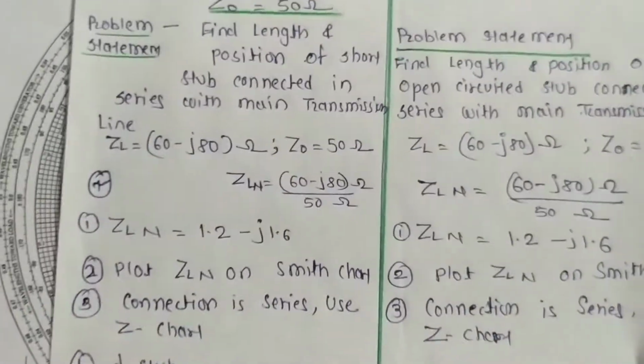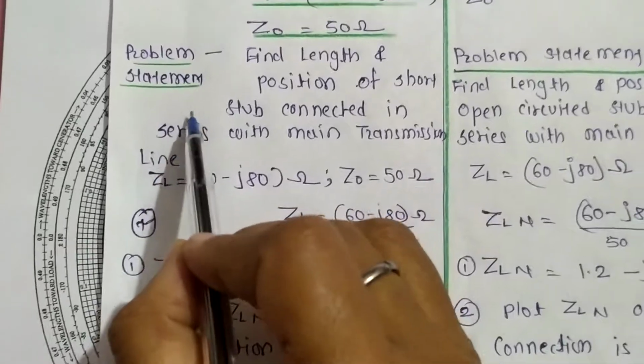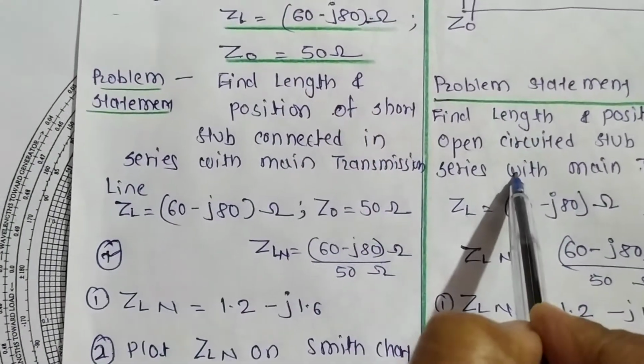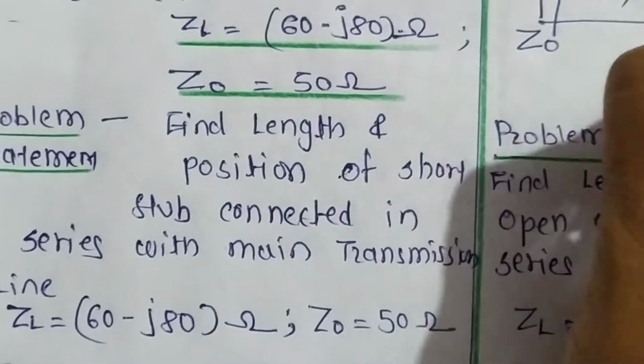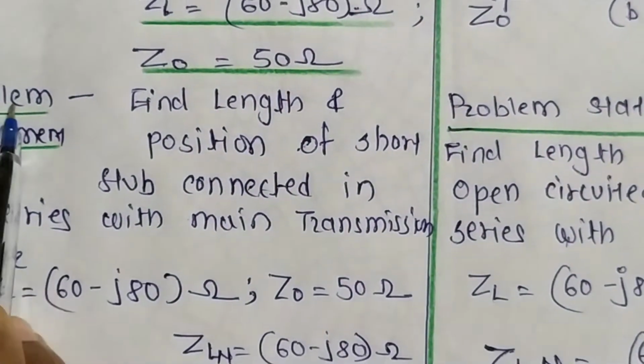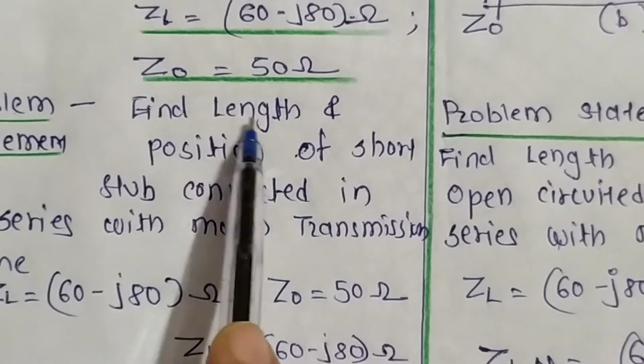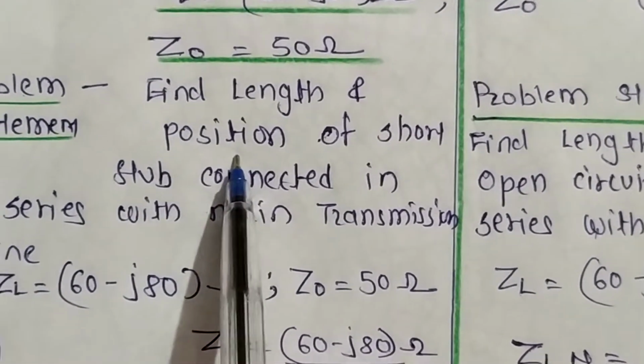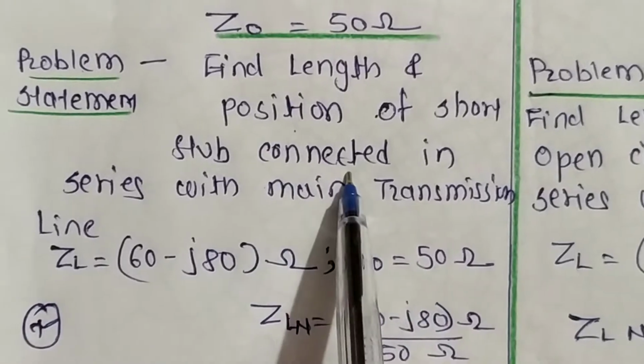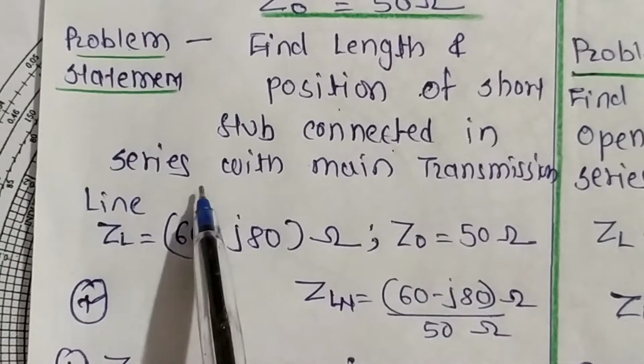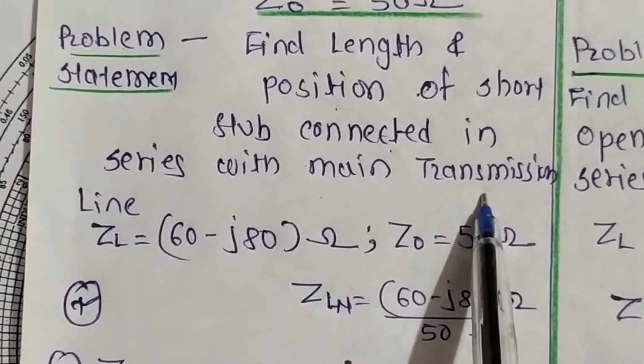Okay. Let's frame one simple problem statement for these two. Let me call it figure A and this is figure B. Problem statement for this: find the length and position of short circuited stub connected in series with the main transmission line.